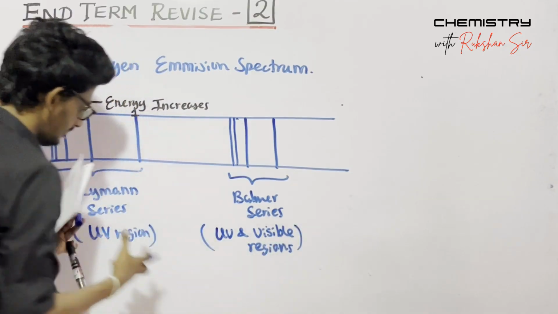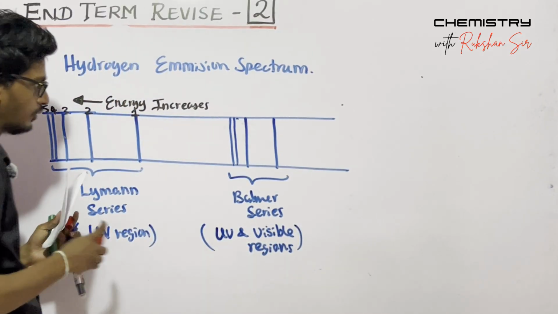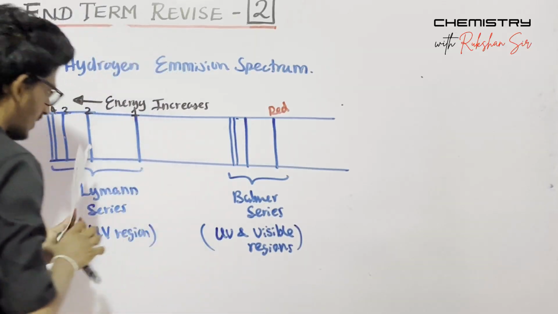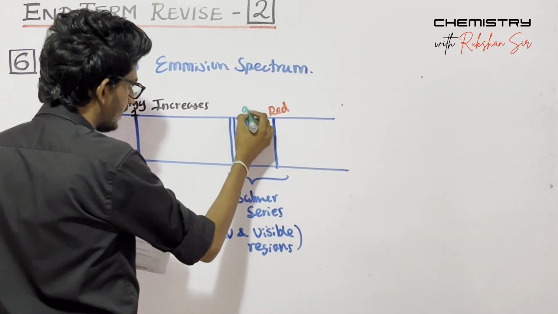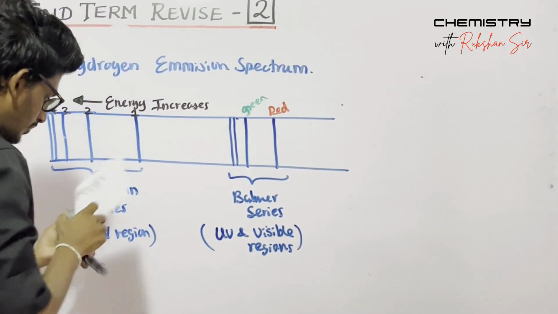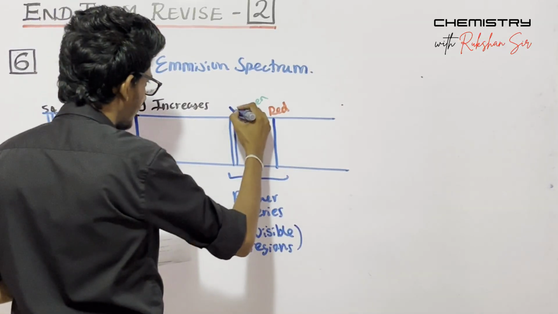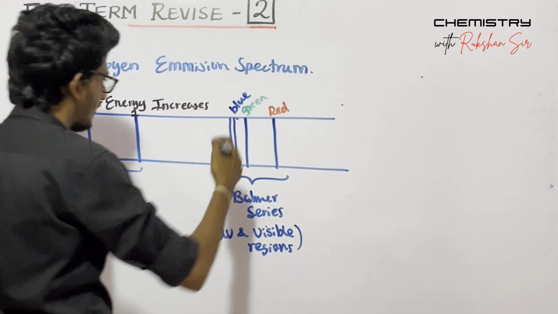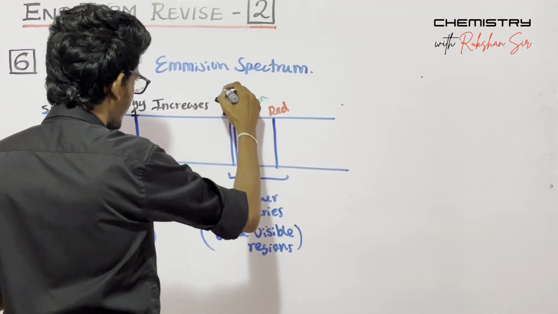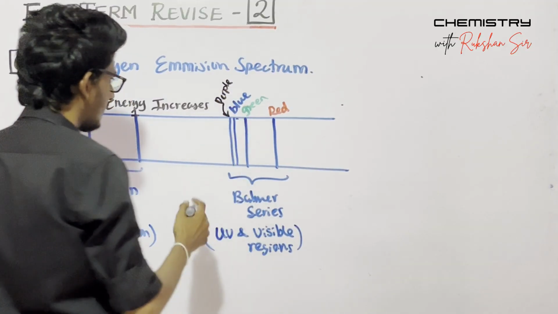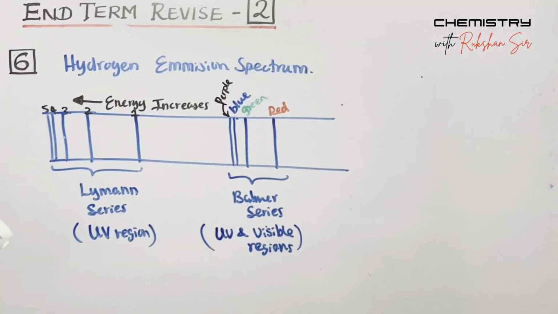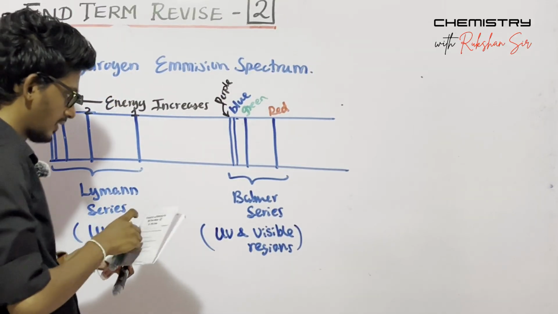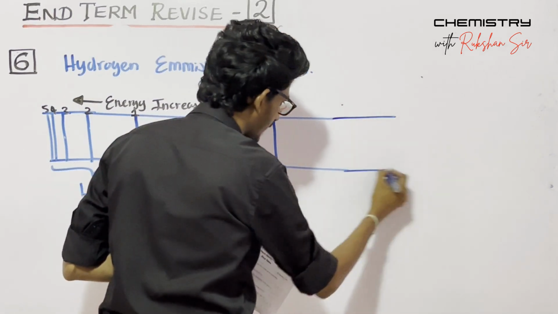The H alpha is red, then you have the H beta green, then you have the blue line, and finally some purple line as well. The first four lines appear in the visible region, but the next lines will appear in the UV region. So then you are with the Paschen series.